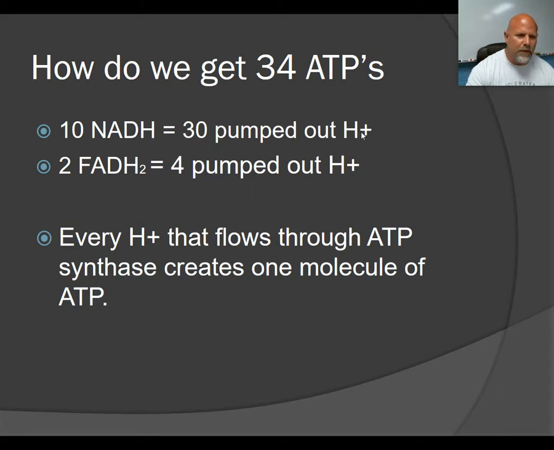So we have 30 pumped out hydrogens, so that as those flow back in, we're going to make 30 ATPs. We had 2 FADH2s from the Krebs cycle. That's going to pump out 4, and as they flow back in, they're going to make 4 more ATPs. So here's where we get our 34 ATP molecules from oxidative phosphorylation.